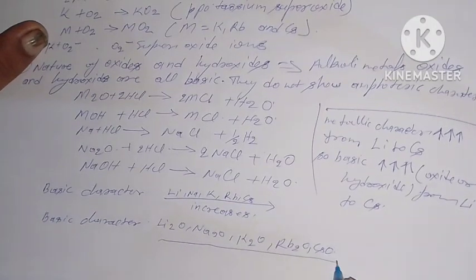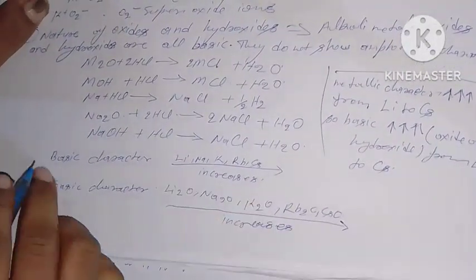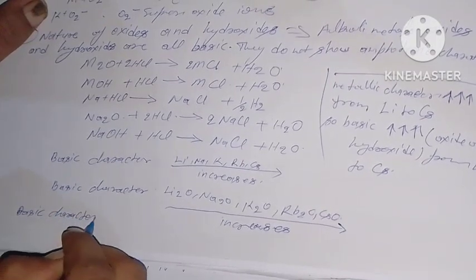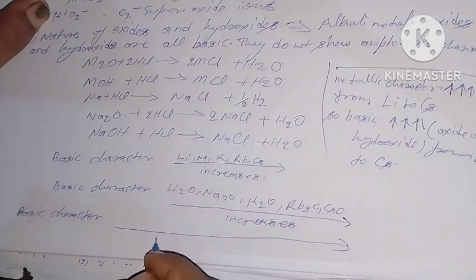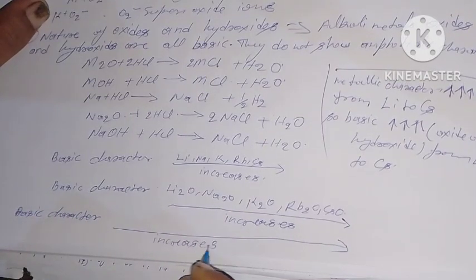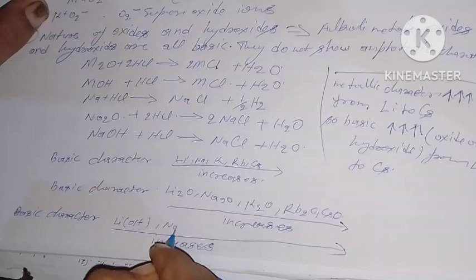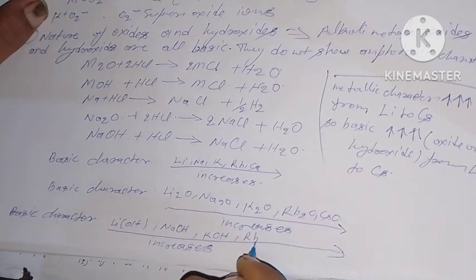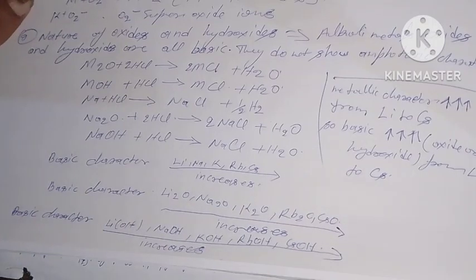And the basic character of hydroxides increases from lithium hydroxide, sodium hydroxide, potassium hydroxide, rubidium hydroxide and cesium hydroxide. Okay.